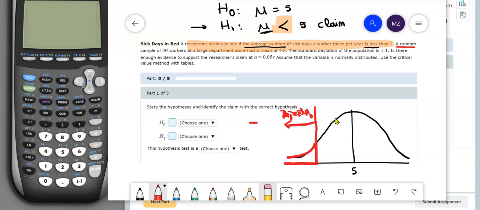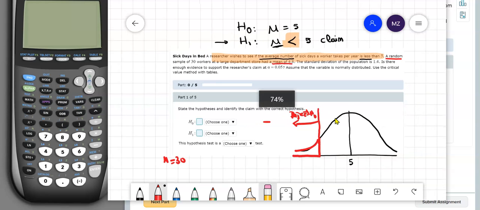What they are saying, a random sample of 30 workers, so we know that n equals 30. That's the sampling already. They give you a mean of 4.8, which is actually your x bar.